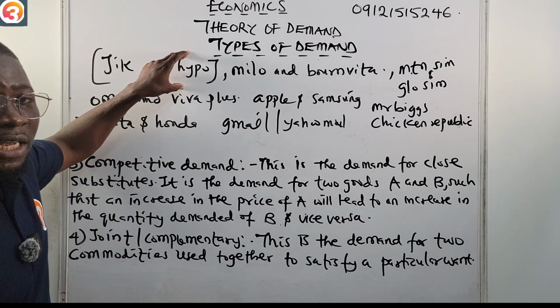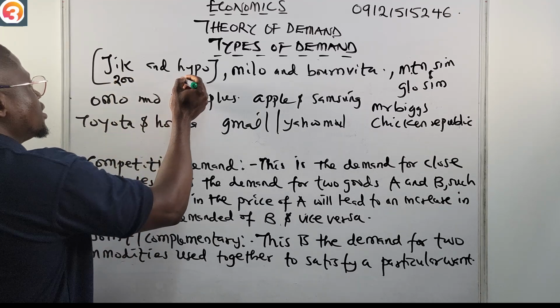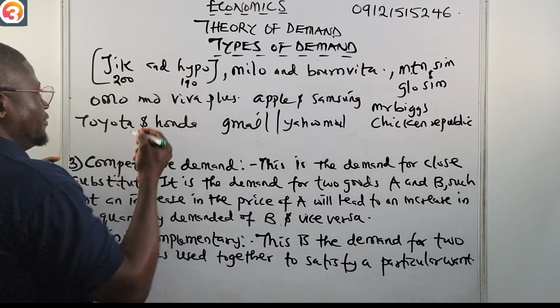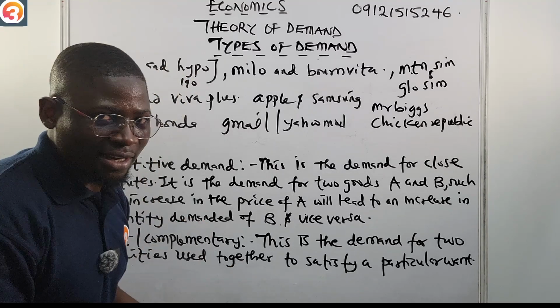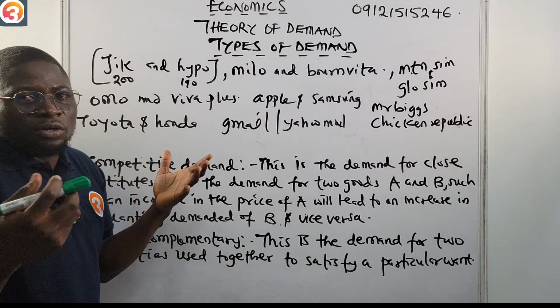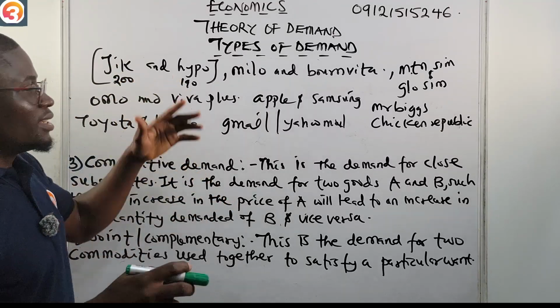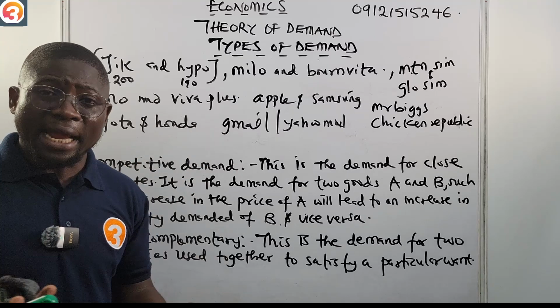Hypo did not increase its price. Let's say both of them were 200, or this one was 200 and this one was let us say 197. Because JIC came before Hypo, let us use that example. JIC was being sold at 200 naira for one. Hypo was selling at 190, but people were still going for JIC because the price difference is not too high.